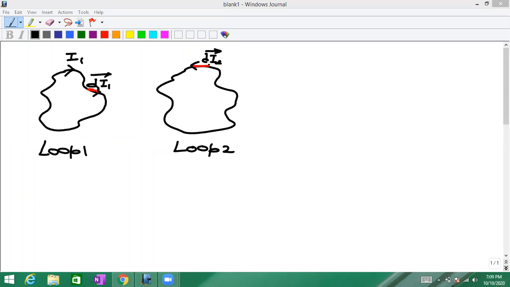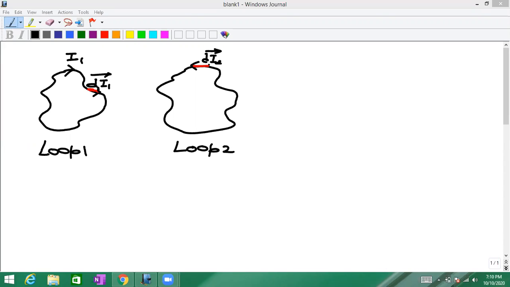But from the Biot-Savart law, we know that whenever there is a current, there will be a magnetic field around the current carrying wire or the current carrying loop. So around loop 1 there must be some magnetic field, and loop 2 is situated near loop 1. So loop 2 must be in the magnetic field of loop 1.